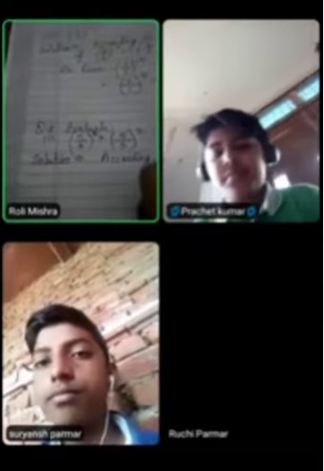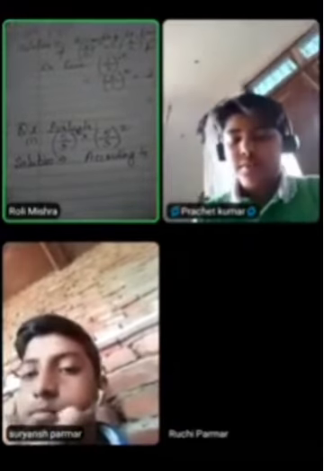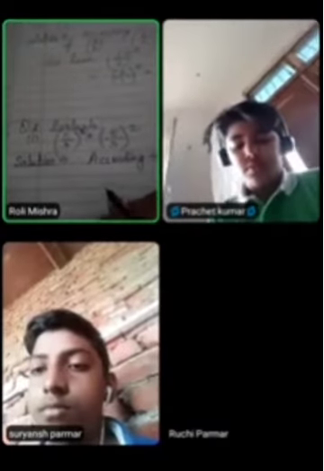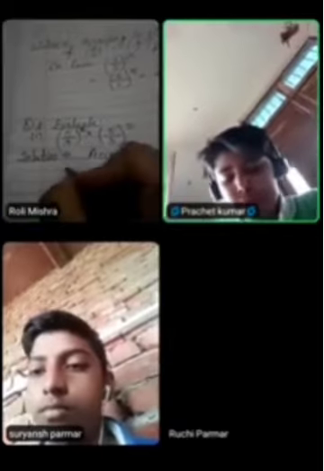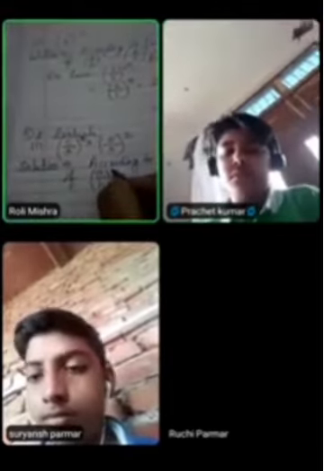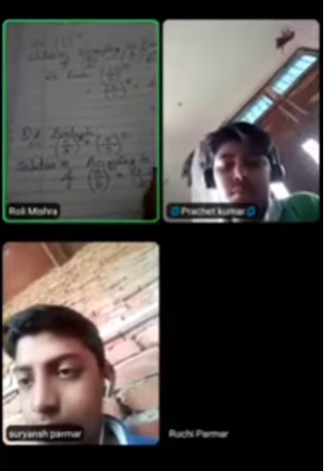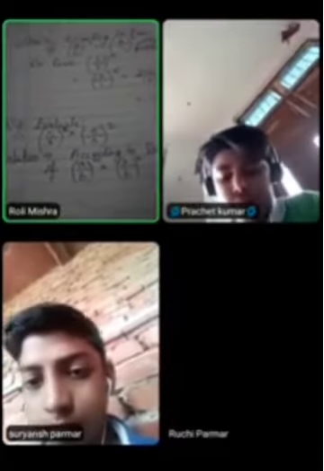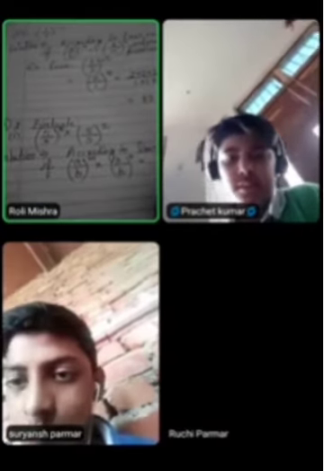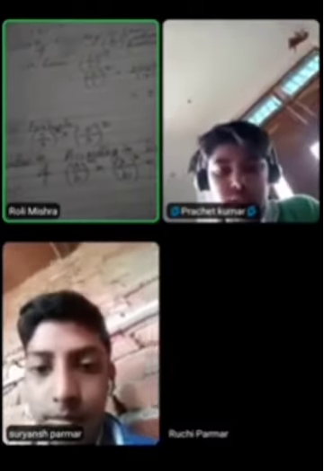According to law number 1, if a upon b raised to m multiplying a upon b raised to n, then the answer is a upon b raised to m plus n.